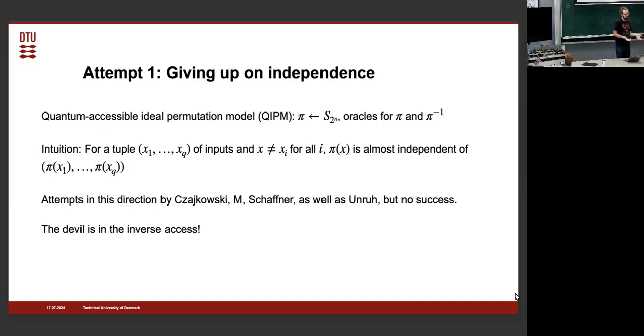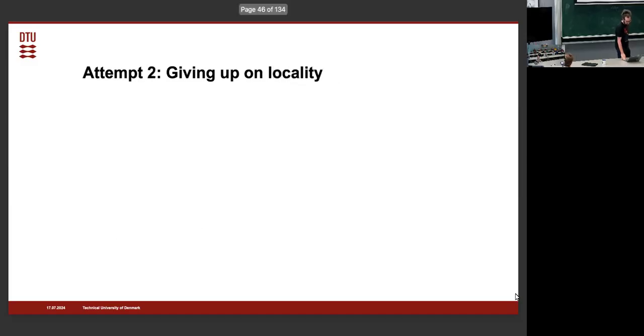Basically we can switch to the random function view up to a collision bound. That's what Akinori Hosoyamada did for some cryptography proof. And then we are back to the function case, which is nice. But for inverse access, it doesn't seem to work.